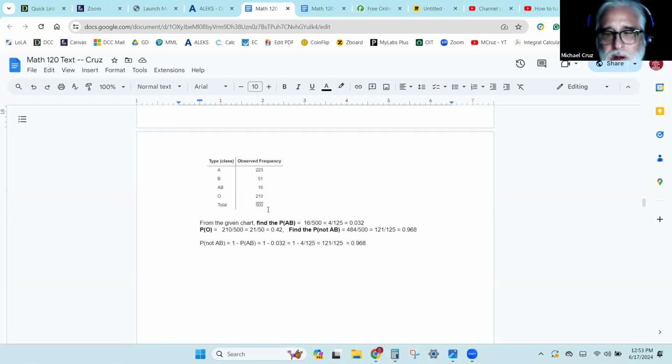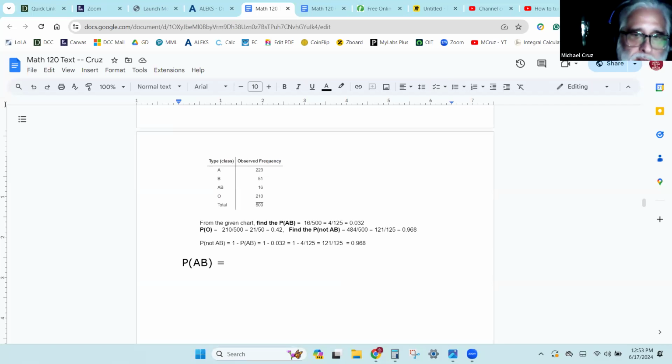So we want to find the probability of AB. All right, what do we think the denominator is going to be here? How many total are there? 500. Yeah, good.